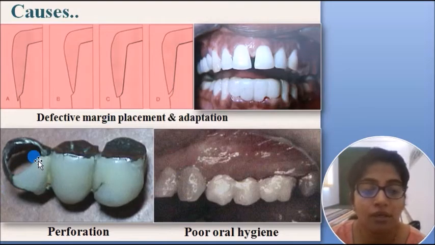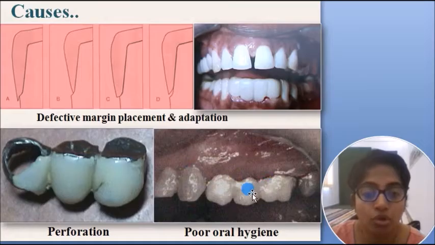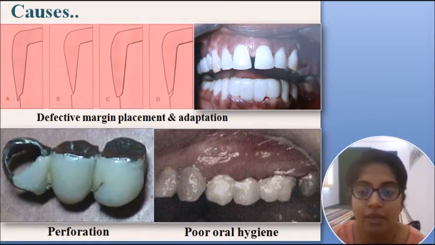Sometimes the FPD can be perforated either because there is excessive bruxism or excessive masticatory forces, or there is a problem with the design, where there was already a thin metal and it has perforated. Then there is a problem because of oral hygiene maintenance. All this can lead to formation of caries and subsequent biological failure.